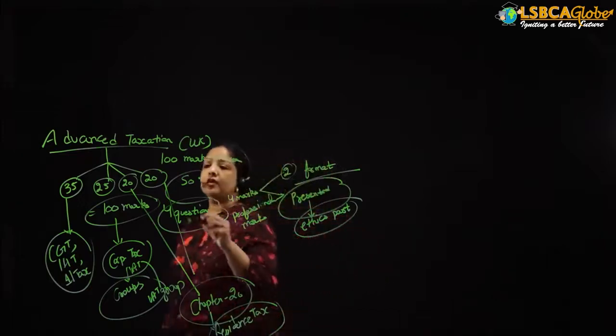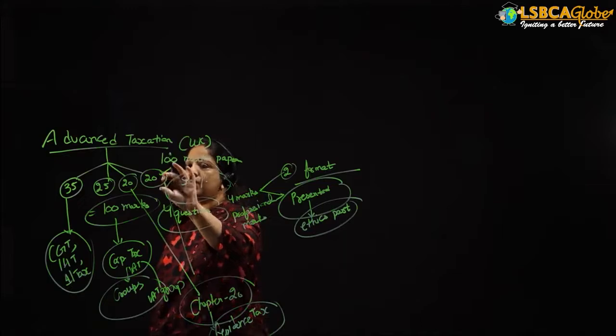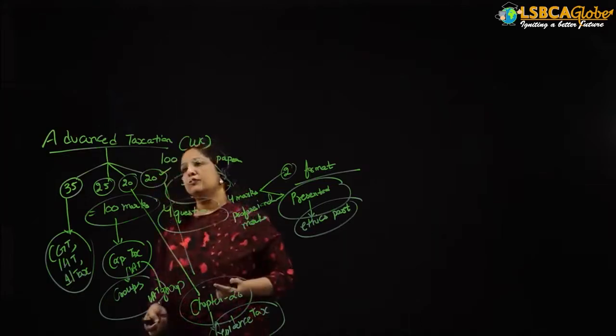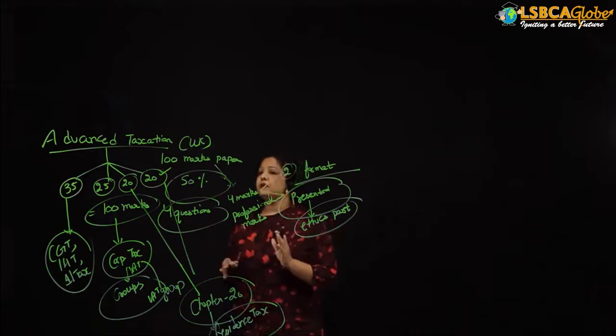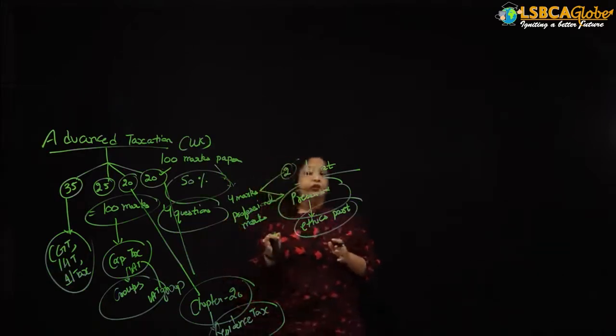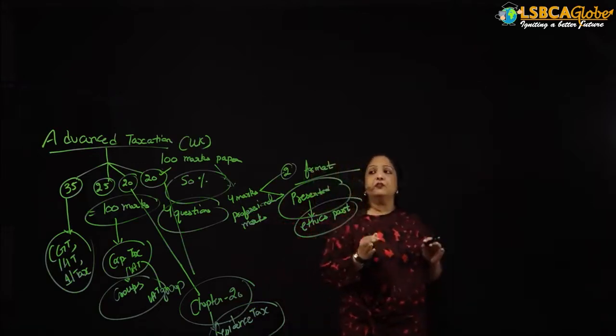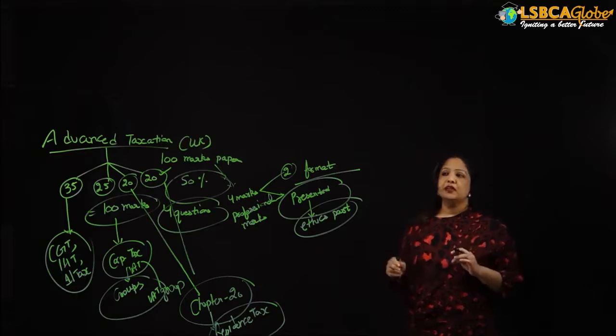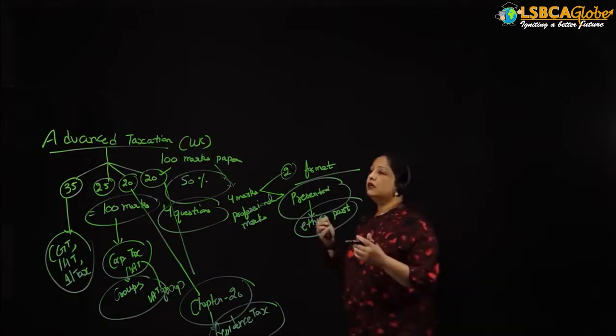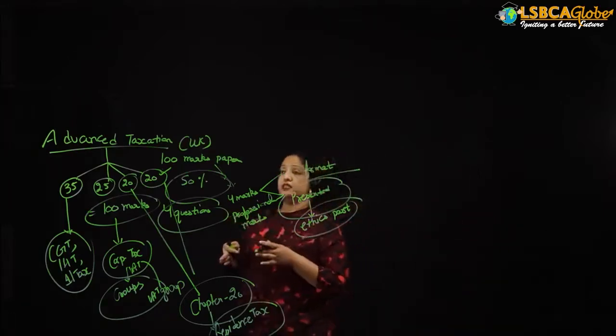And the last one is the next question. Now this question can come from any part. Okay, this question can come from anywhere, from income tax also. Like this time, you won't believe it, it came from the basis periods. One part was basis period, one part was the losses coming in the basis period.